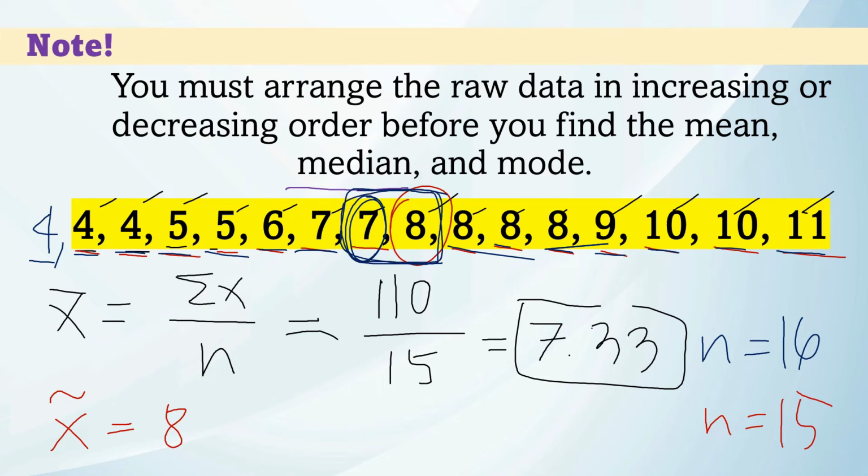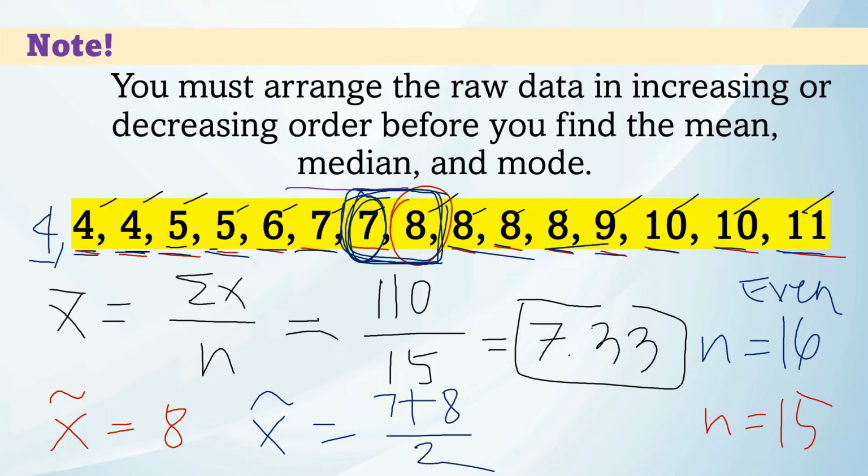So to get the median, if your n is an even number, you will add the two middle numbers, 7 and 8, and divide by 2. So 7 plus 8 is 15, and 15 divided by 2 is 7.5.